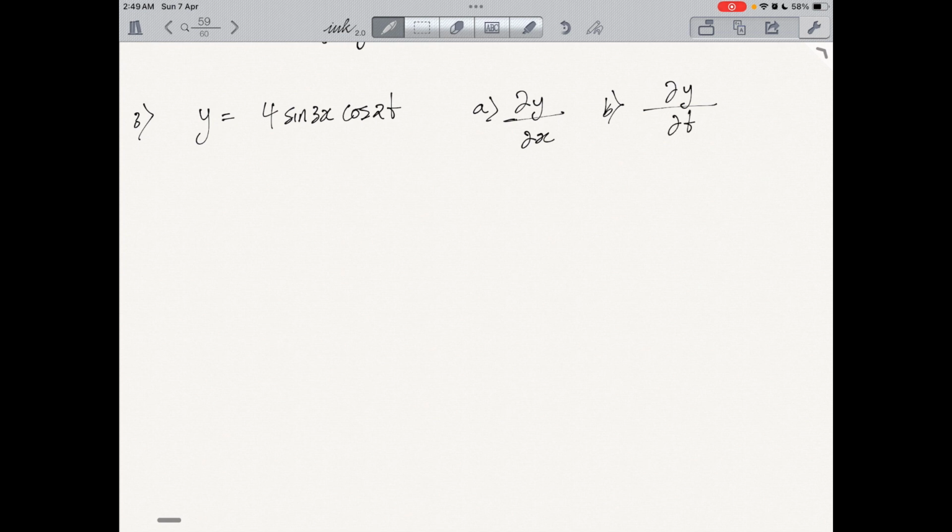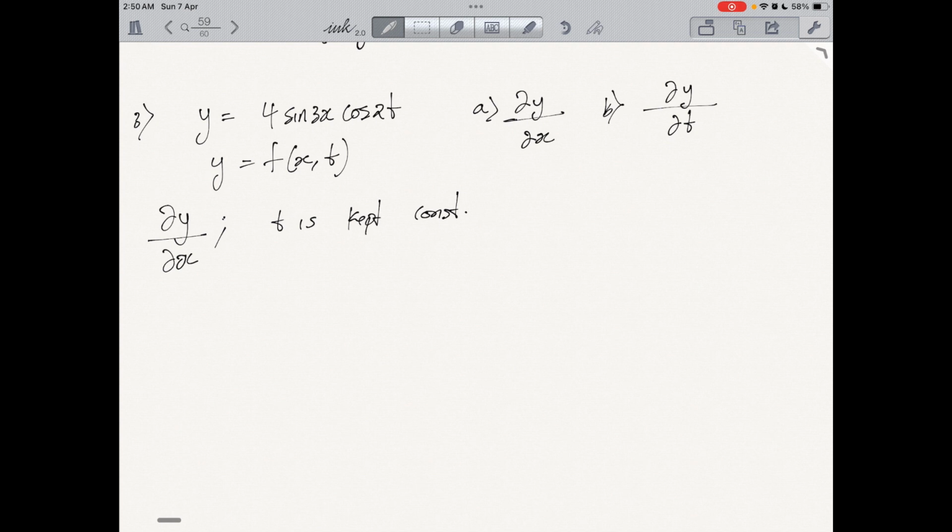Now we can see here that y is a function of both x and t. So let's start with dy/dx. That means t in this case is kept constant.